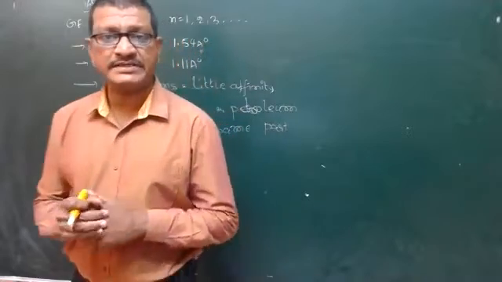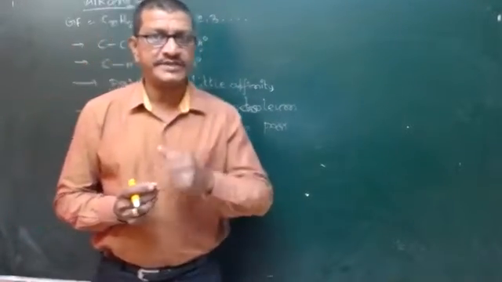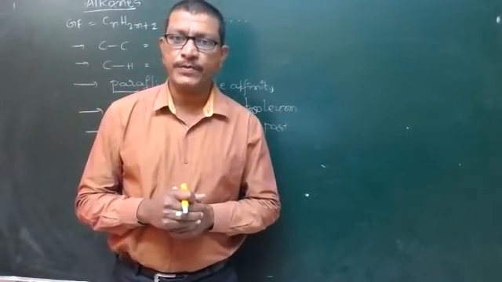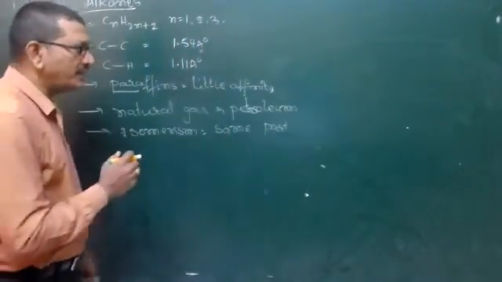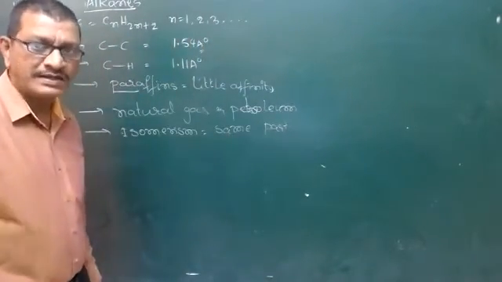Alkanes can exhibit basically two types of isomerism: one is chain isomerism, one is positional isomerism. So we are discussing the chain isomerism of alkanes.